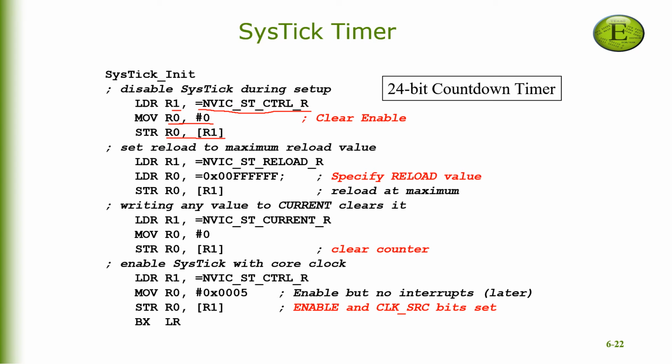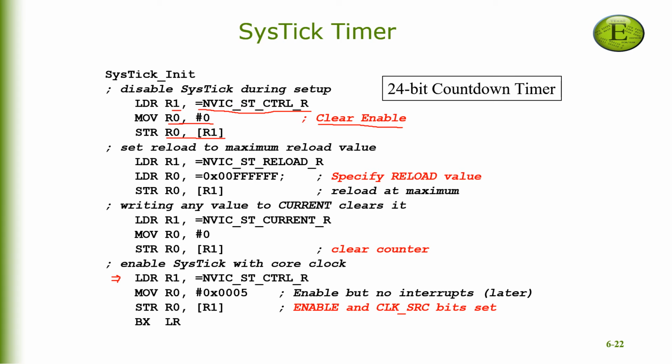That will automatically clear the enable bit. By setting all of its contents to 0, the enable bit is also cleared. And soon after that, over here, we are going to set the selective bit equal to 1.